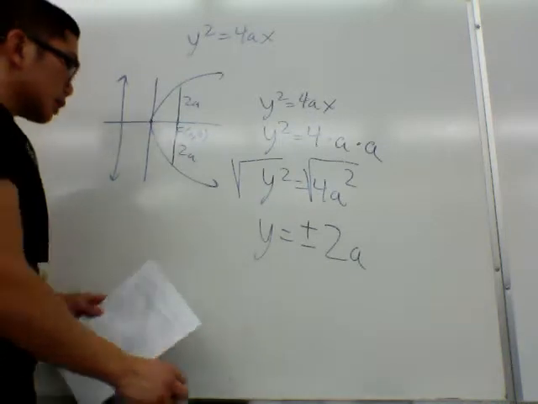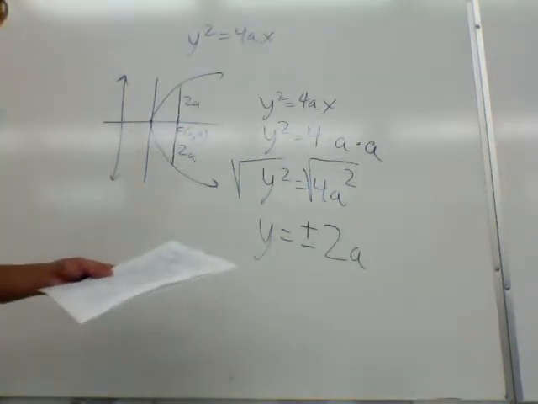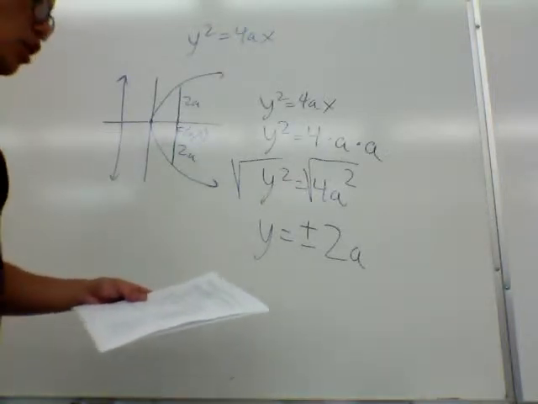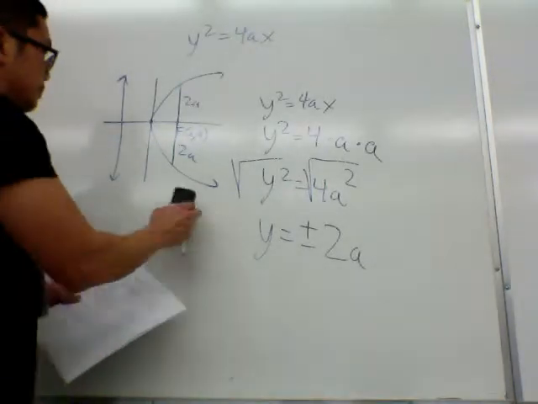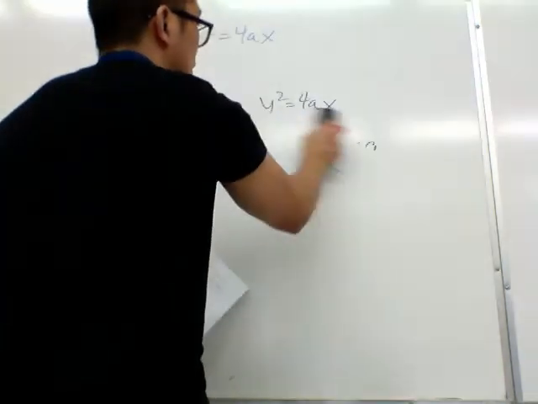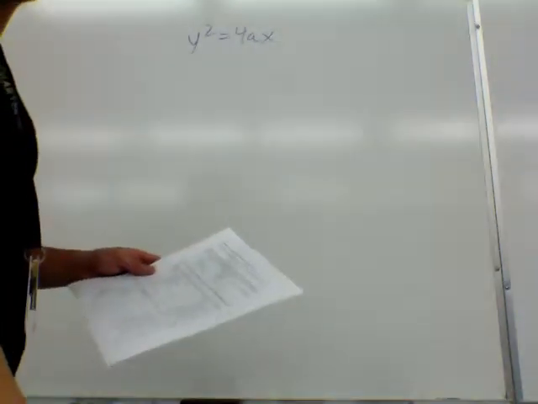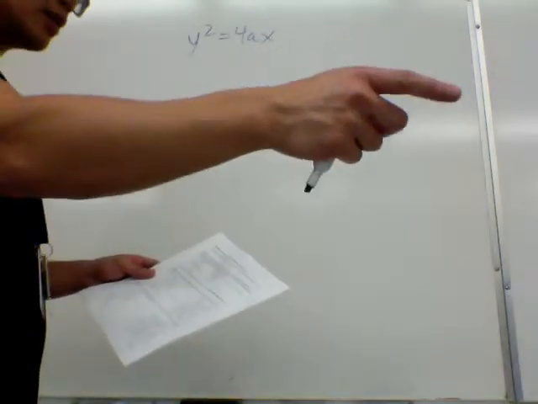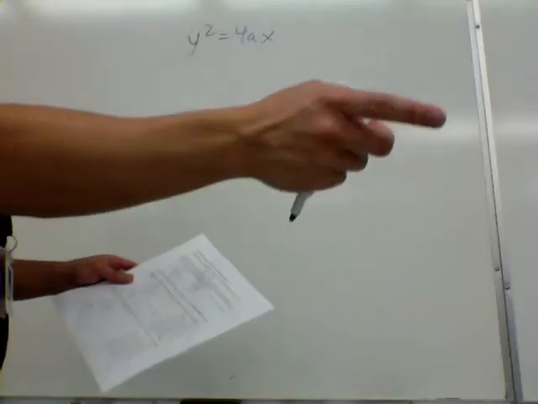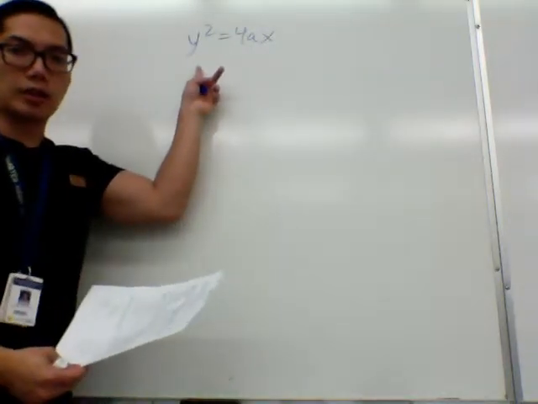So example 1. Example 1 says, find an equation of the parabola with vertex at 0, 0 and focus at 3, 0. Graph the equation. So, I know my vertex is at 0, 0 and my focus is at 3, 0, so I know the focus is to the right of the vertex, so I'm going to use this equation.